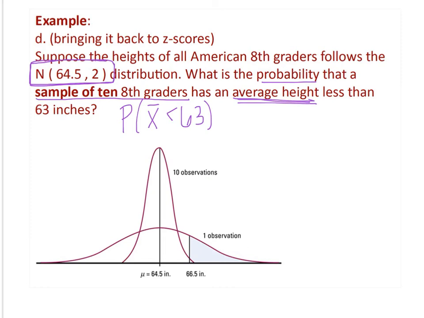Well, that's really different than the first question. The first question was just asking for 1 eighth grader. This is asking for x bar, or the sample mean, of 10 of them.